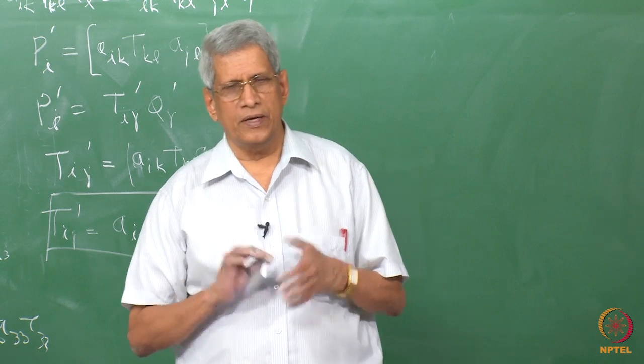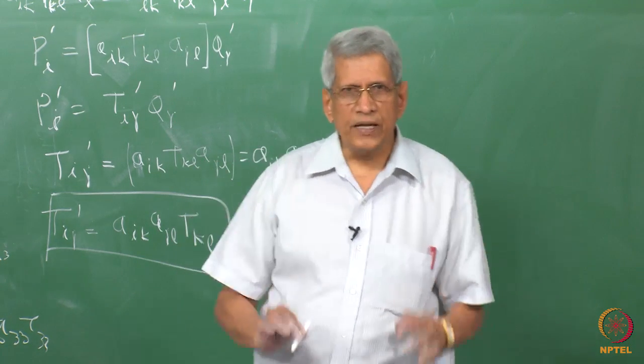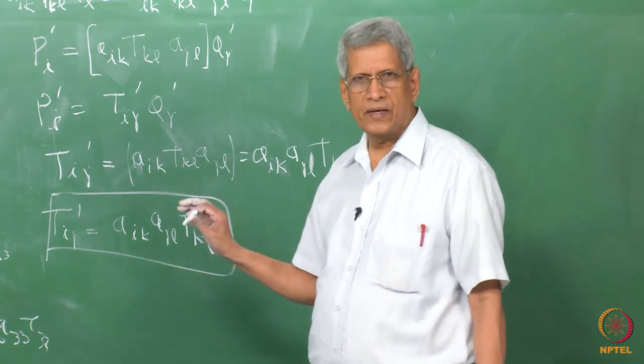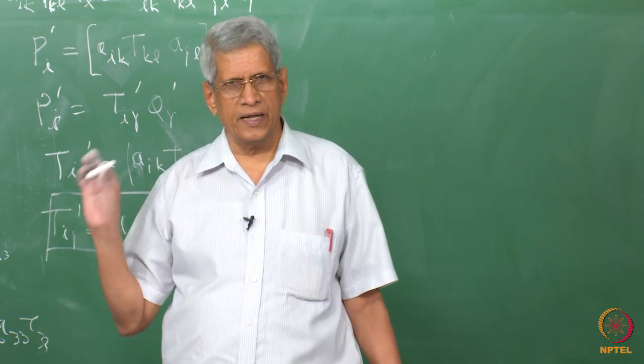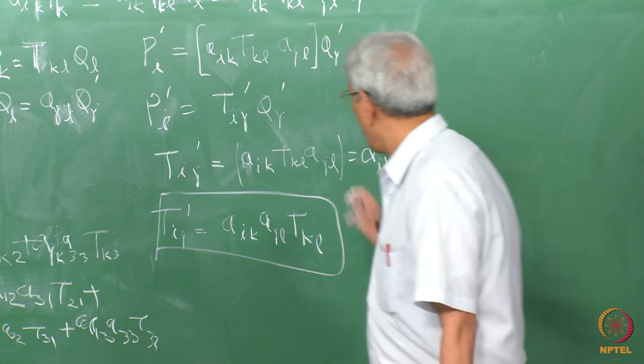But a tensor which is not symmetric, we can write as a sum of a symmetric and an antisymmetric tensor. That can very easily be done. Then if we do it, how will it turn out to be?